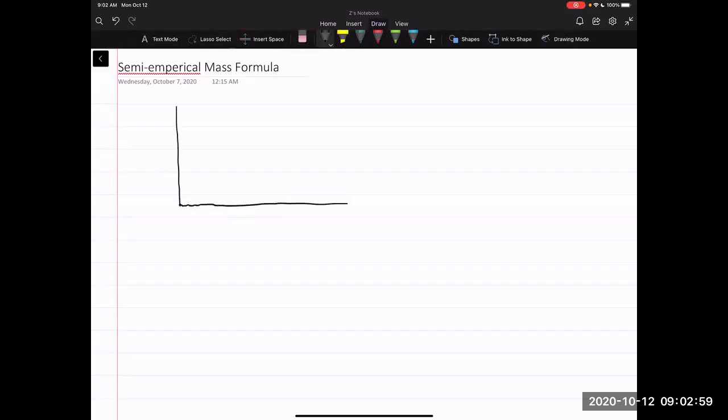When we plot the binding energy per nucleon, so B over A versus A, we saw interesting behavior. For most of the nuclides, this B over A is a tight band around 8 MeV, except for those very heavy and very light nuclides.